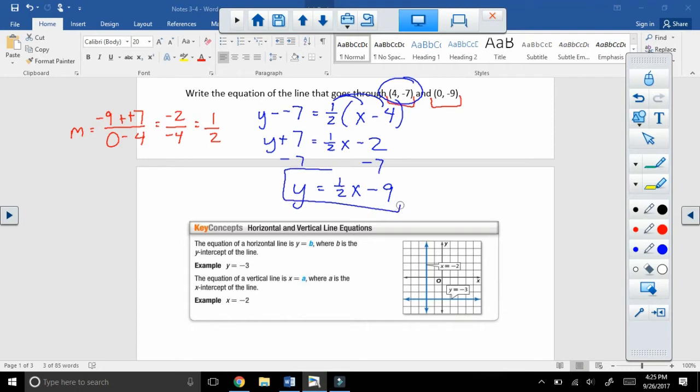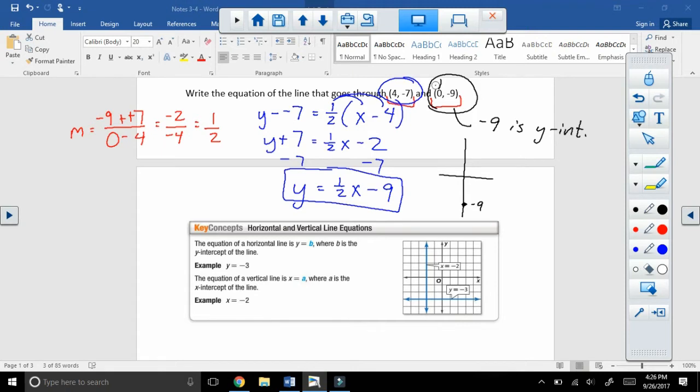And I did this on purpose. I actually noticed something, and maybe you kind of notice it now, but this -9 is actually told to me in a different form. This doesn't flat out come out and say -9 is the y-intercept, like that first example does, but this coordinate, 0, -9, if you think about 0 being it's not going left or right at all, -9 would be the y-intercept.